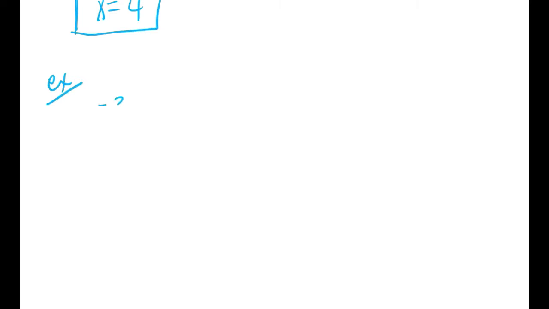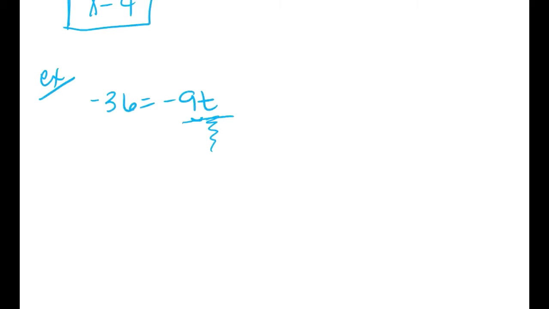Let's do negative 36 equals negative 9t. So we identify the variable, and we see that it's being multiplied times negative 9. So I undo multiplication with division. So I'm going to divide both sides by negative 9.